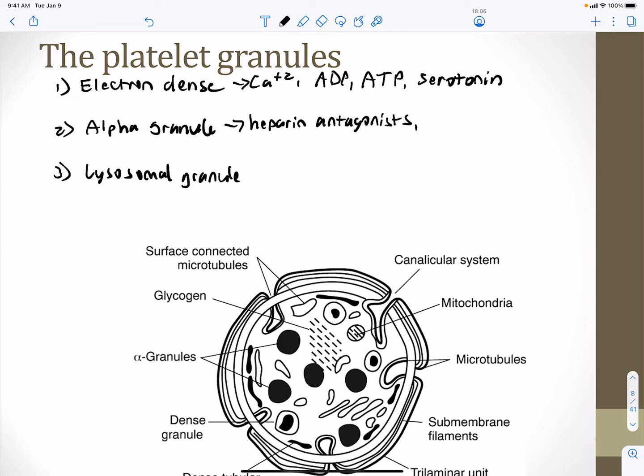It's also going to have fibrinogen and something called the von Willebrand factor, as well as other clotting factors. And then the lysosomal granule are going to have hydrolytic enzymes, kind of what they always have.